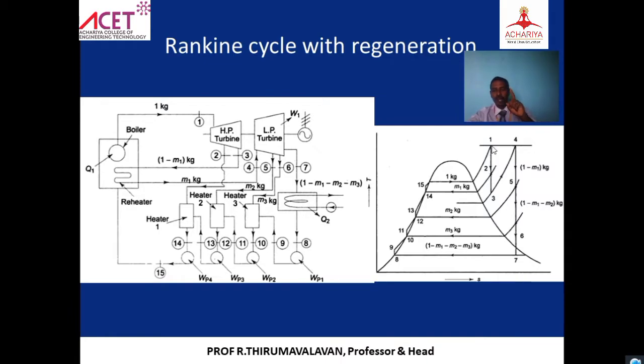Listen carefully to that formula. 1 kg of steam up to H2. So 1 into H1 minus H2, plus how much this one? M1 is taken out, so H2 minus H3 into how much amount? M1 is taken out means 1 minus M1.